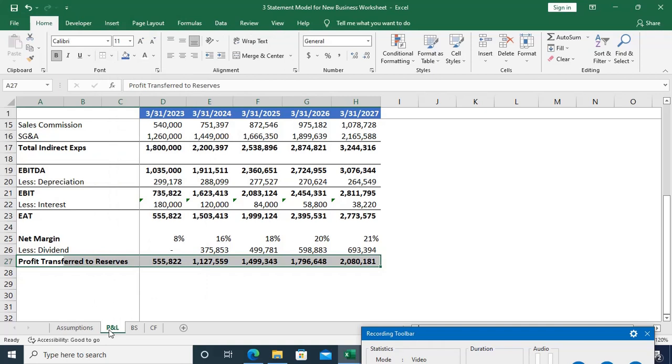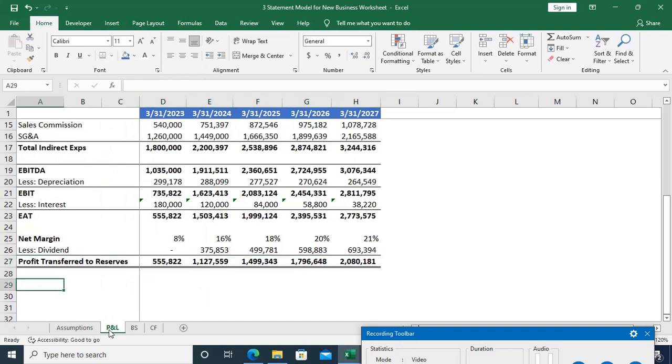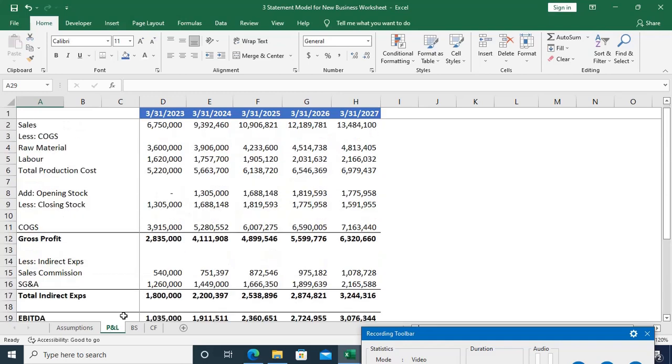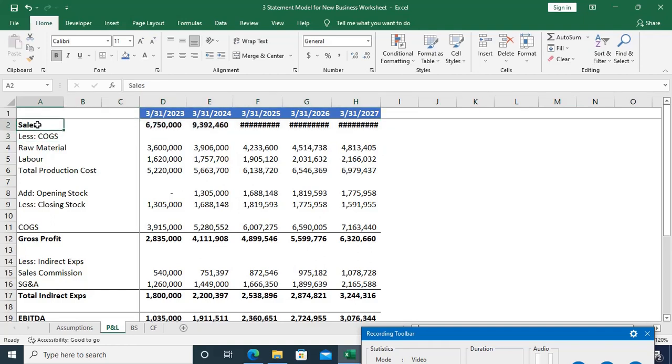Now okay, I can use this, alt HB, top and double bottom border, so U. Yeah, this looks better. So the profit and loss statement is complete. Profit and loss statement is complete for us. You can see it.